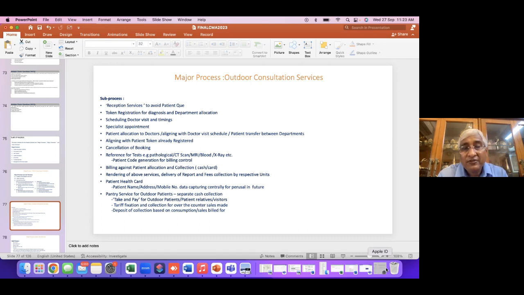Rendering the above services, delivery of report and fees collection by respective units. Because you know that when a blood test or some typical tests are being carried out, they are supposed to provide the report. After the test submission, the patient will carry the same token and the bill, and after submission of the bill, they will get the requisite report from some other counter or maybe from the department counter.